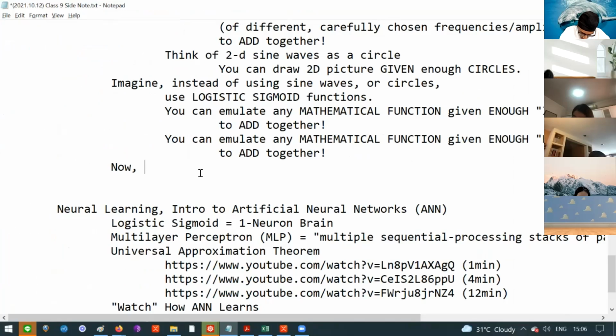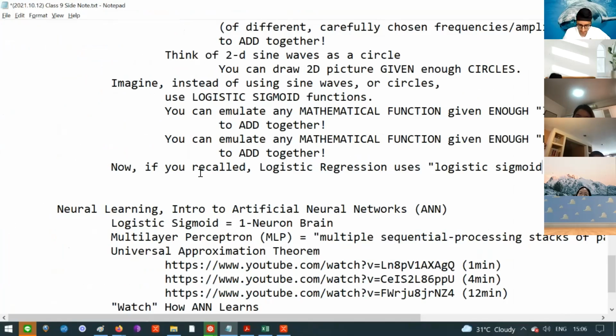Now, if you recall, okay, logistic regression uses logistic sigmoid, right?